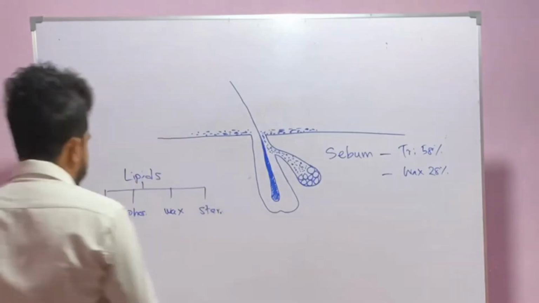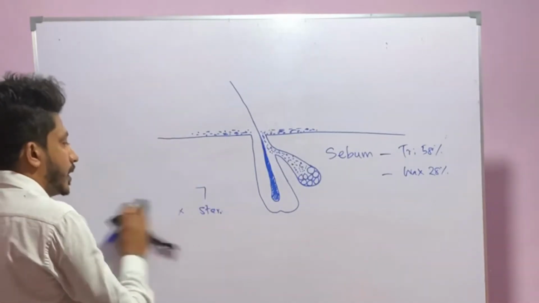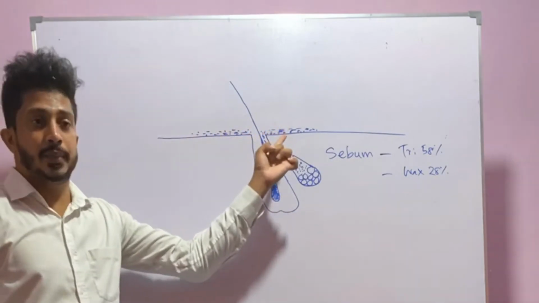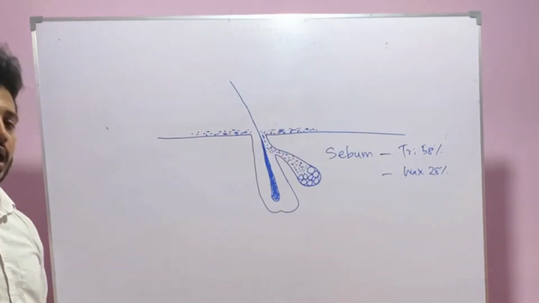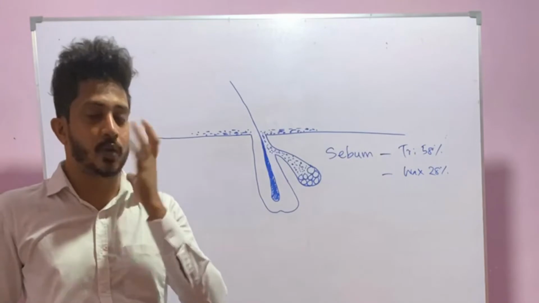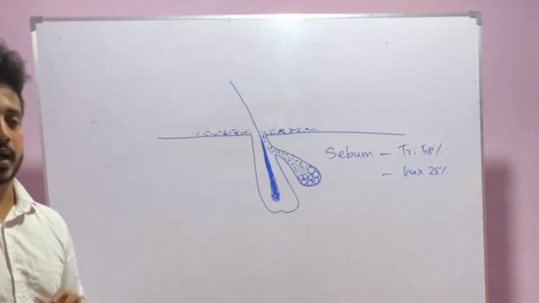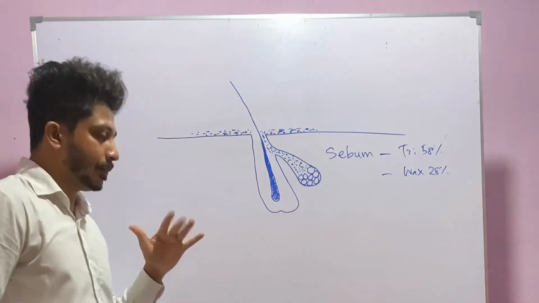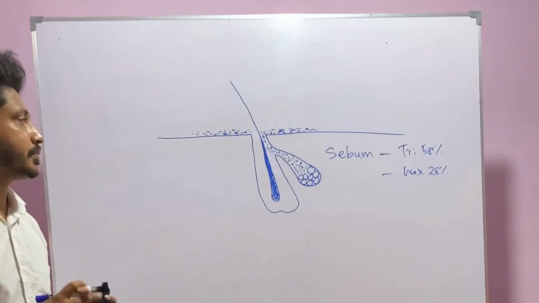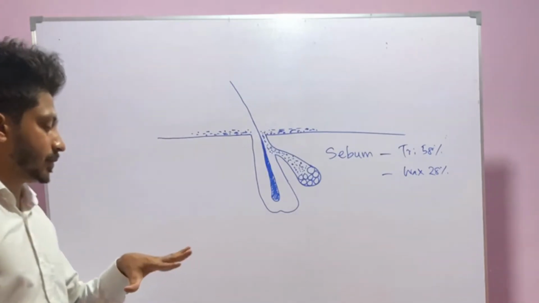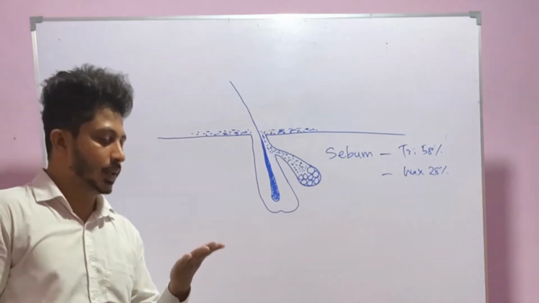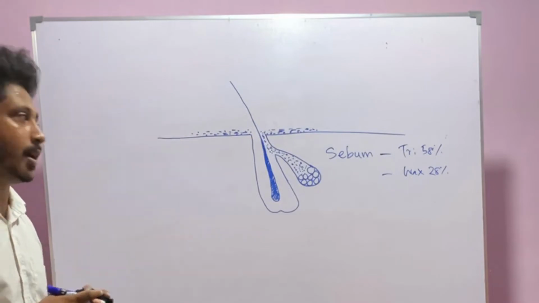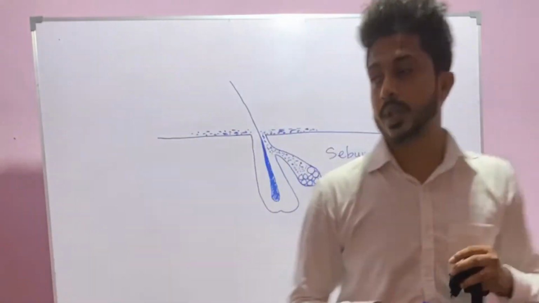So what is the purpose of this lipid layer? Now we know our body is covered with the oily layer, all the parts, but we don't have follicles in our palms and soles.